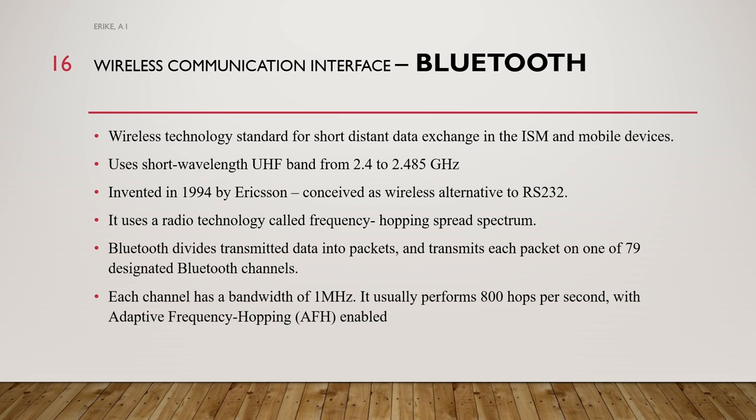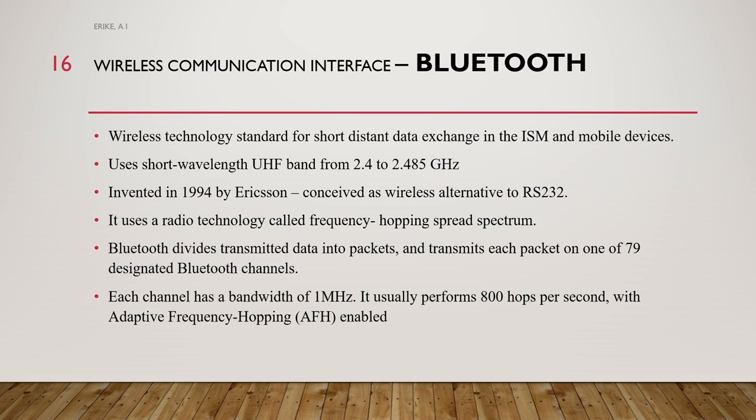Originally, Gaussian frequency shift keying (GFSK) modulation was the only modulation available for Bluetooth communication. But since the introduction of Bluetooth 2.0, differential quadrature phase shift keying and 8DPSK modulation may also be used between compatible devices.